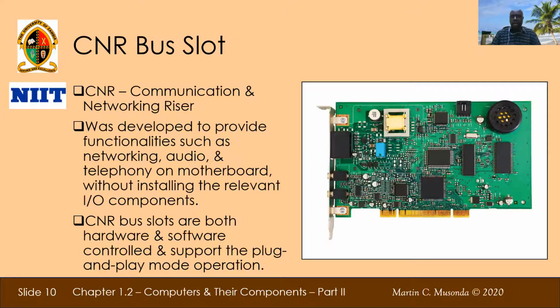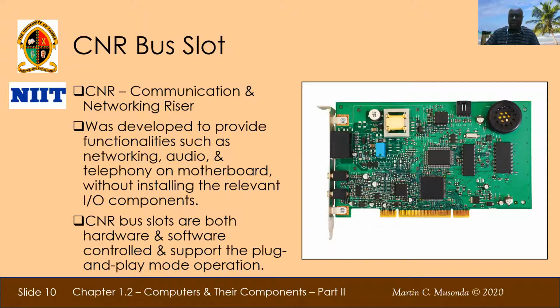The communication and networking riser are both hardware and software controlled. What I mean is you can control them by using jumpers on the motherboard. Jumpers are like small switches which you can turn on and off to configure hardware devices.